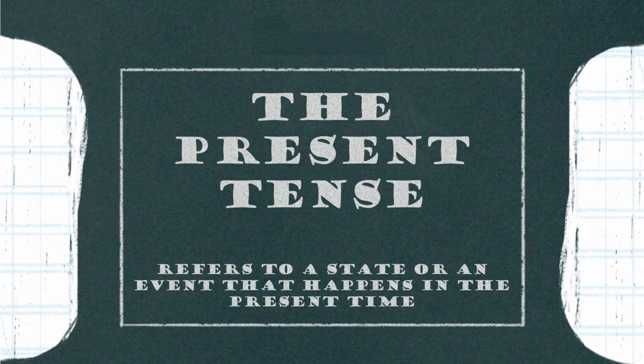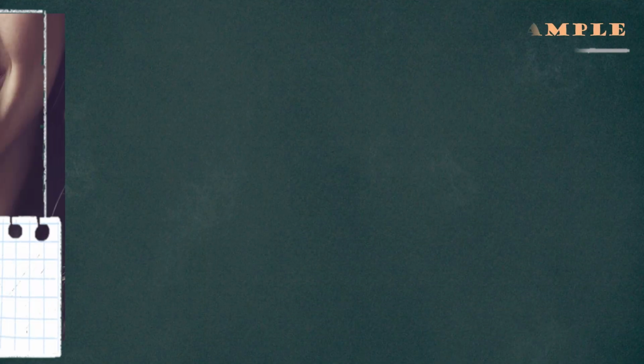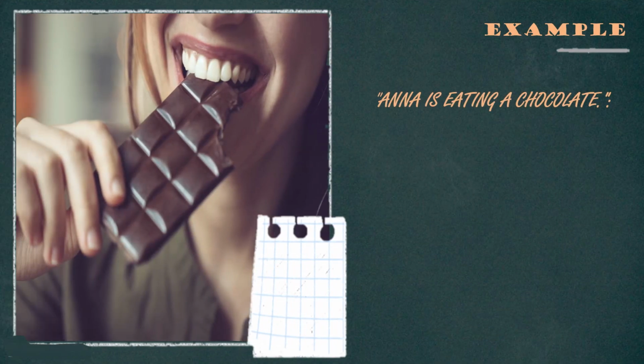We'll begin with the present tense. The present tense refers to a state or an event that happens in the present time. Example: Anna is eating a chocolate.